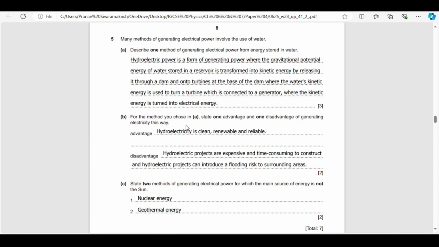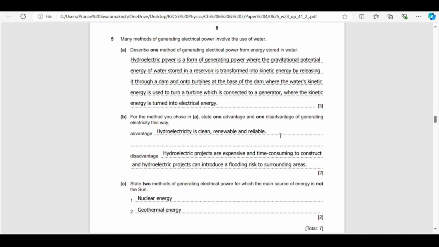For the method you chose in A, state one advantage and one disadvantage of generating electricity this way. If you remember the chapter notes that I went through, I had created a table where I list a couple of pros and cons of each energy source. The advantage for hydroelectricity is that it's clean, renewable, and reliable.